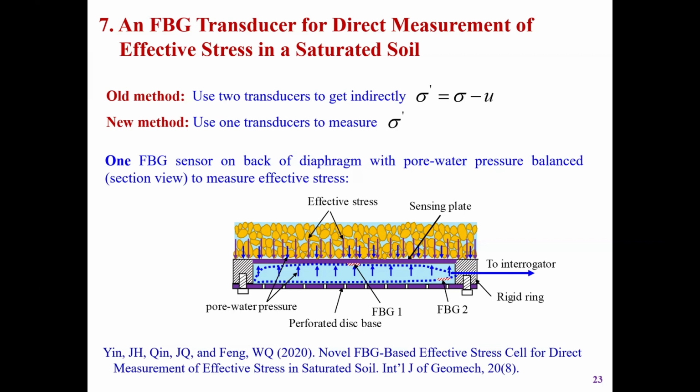If any temperature changes, this one may be affected by both strain and temperature, but we measure temperature separately. So we can deduct the possible strain due to temperature. Finally, this strain gauge can feel the bending from the particles on the surface directly, and we can separate out the temperature effects.